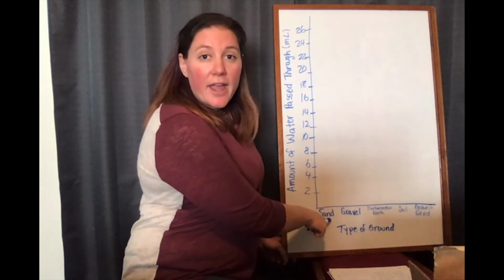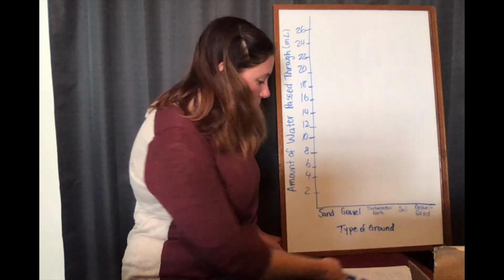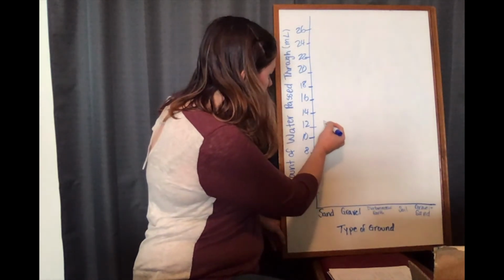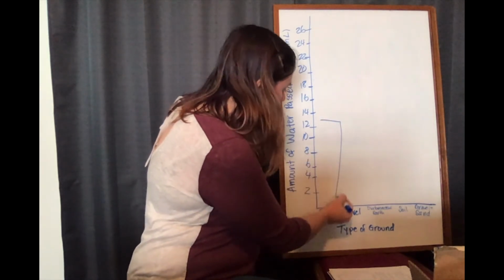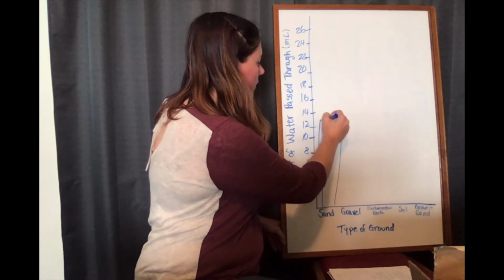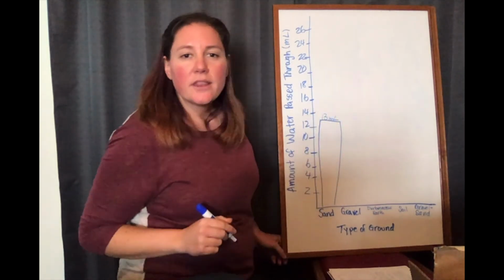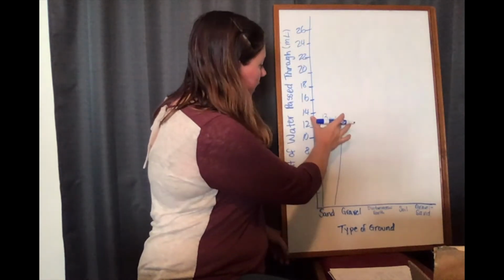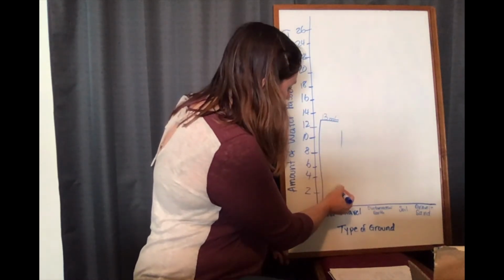All right, so first up I have sand, and if I check my data, sand was at 13 milliliters. So I'm going to find my 13, draw a line right here, and make my bar. I like to write the measurement at the top, that way it's a little easier to read. My bar is not very nice, so let me try and make that a little nicer.